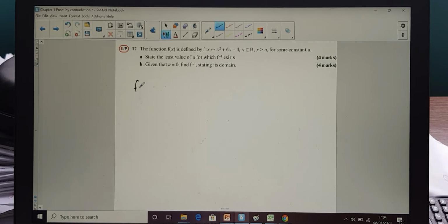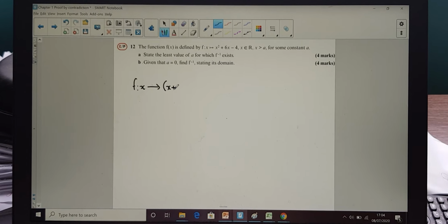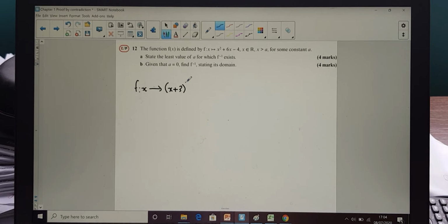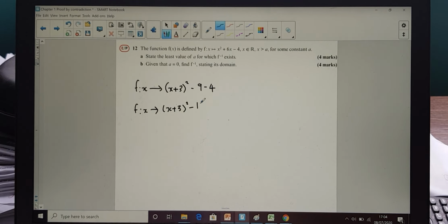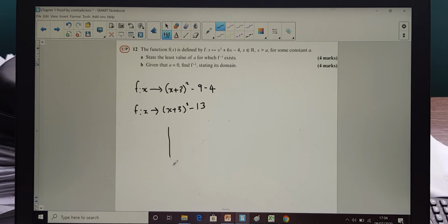So I'm going to use completing the square, and I'm going to express that as x plus 3 all squared minus 9 minus 4, which simplifies to x plus 3 squared minus 13.